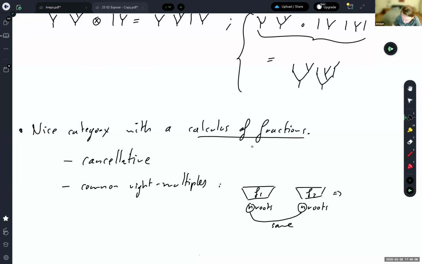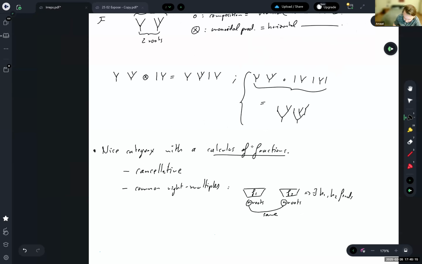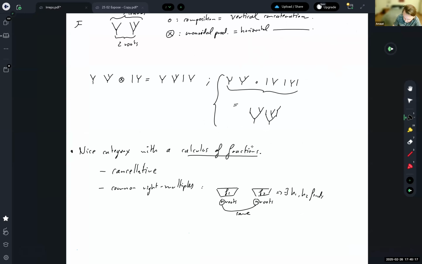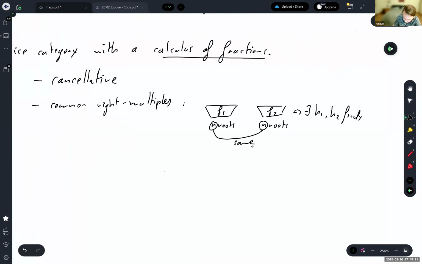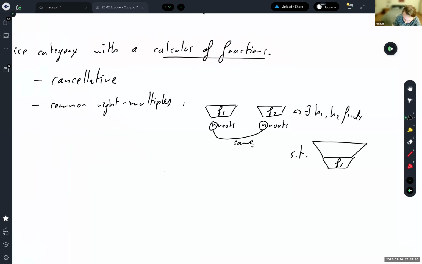Well, if you have that, you can find two forests on top of it, H1, H2, such that if I stack them on top like that, they become equal.